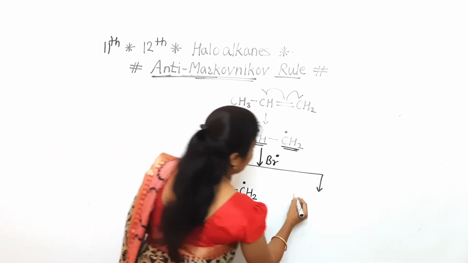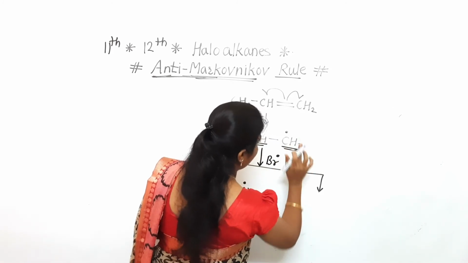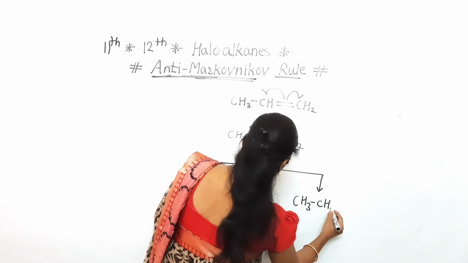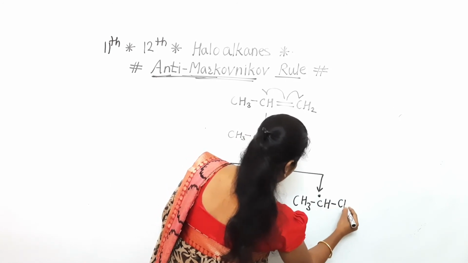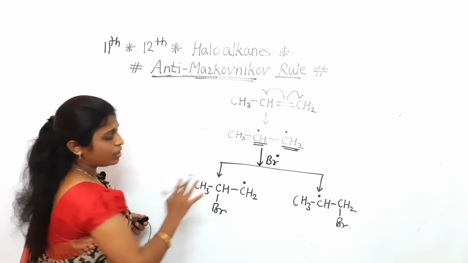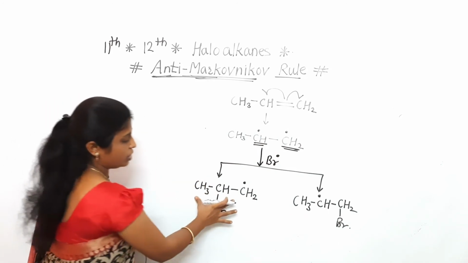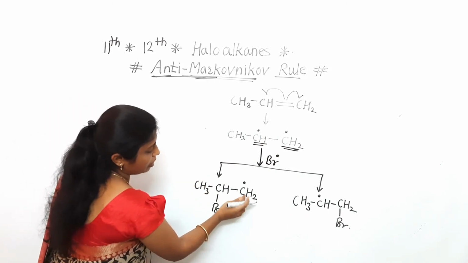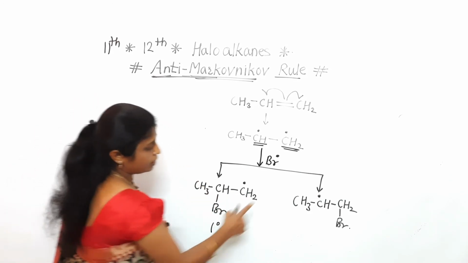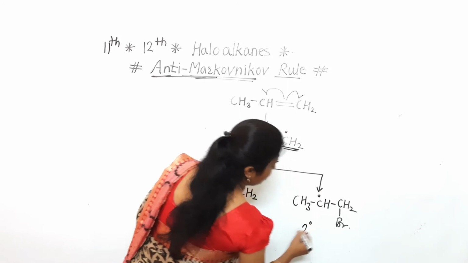Now next one, if that Br radical is combining here, then what will happen? CH3, CH radical, CH2Br. Now see, whatever radical forms in this reaction, that radical containing carbon is attached to only one carbon, means this is the primary radical and this is the secondary radical.